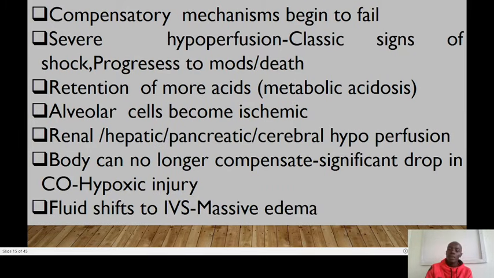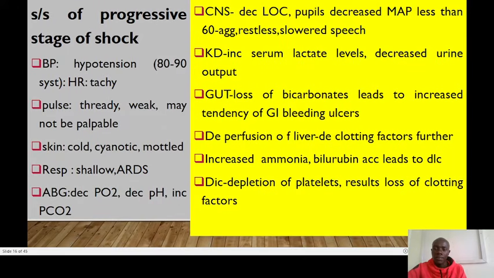So we have a significant reduction in cardiac output, and this will lead to hypoxic injury. There is also a fluid shift out of the intravascular space. So we are going to have massive edema, because of the shift from the intravascular space.